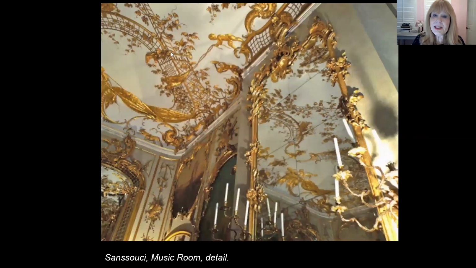That the ceiling, and in this particular case is the music room, there's all of these gilded plaster, gold leaf over plaster. Actually, you've got to put a glue down first. So the plaster, then a glue called bole, B-O-L-E, and then the gold leaf. Now, the mirror surroundings, those are actually gilt bronze mounts.